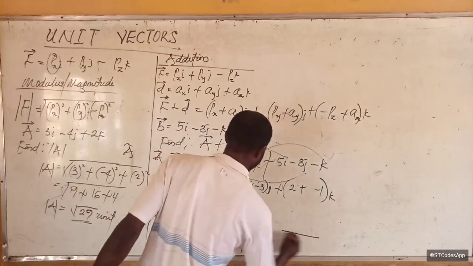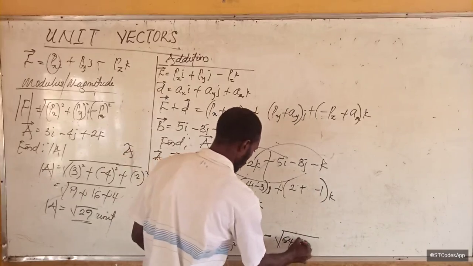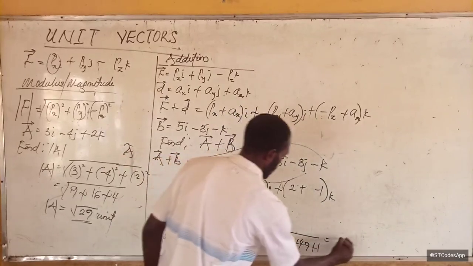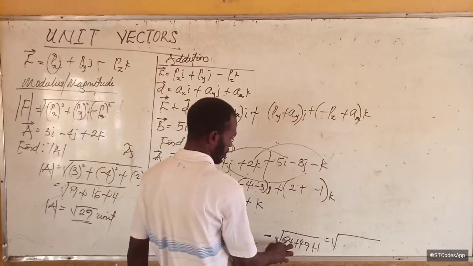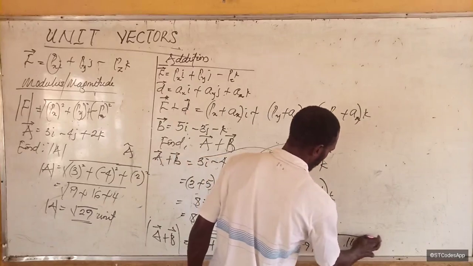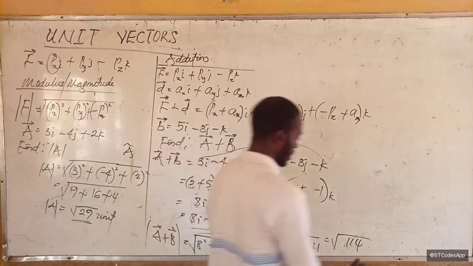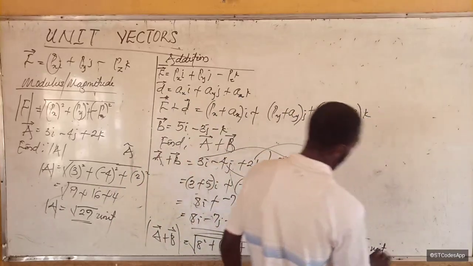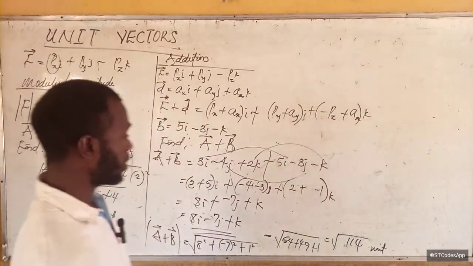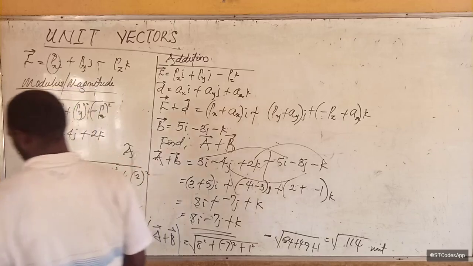And that gives us the square root of 64 plus 49 plus 1, and that becomes 114. Now you can simplify that with your calculator, but this will be the magnitude in the specified unit. All right, so that is how to find the addition of vectors.